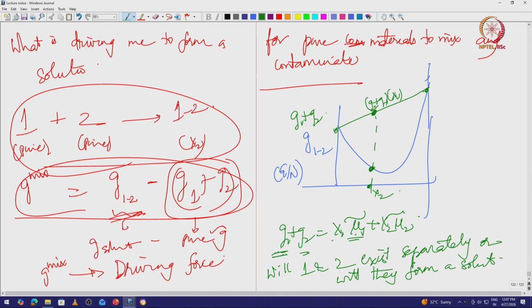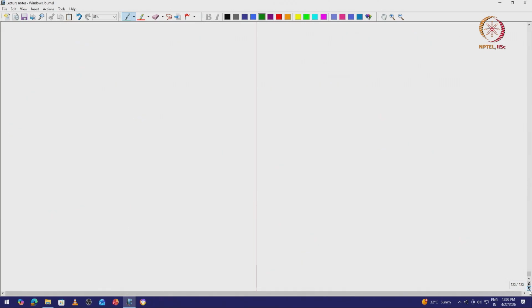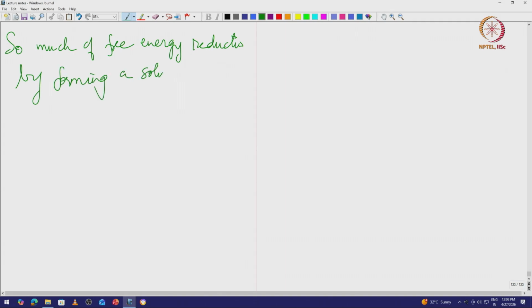whereas this is G12 at X2, right. And the question for you is, will the solution form? Of course, it will form because I have so much of delta G, or delta small g. Okay. So, I have so much of advantage by forming a solution, right.